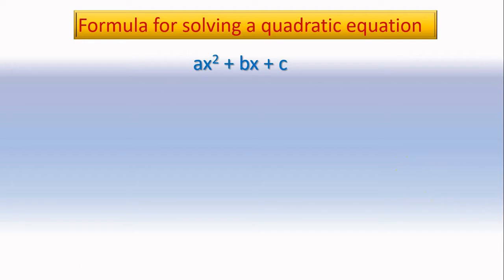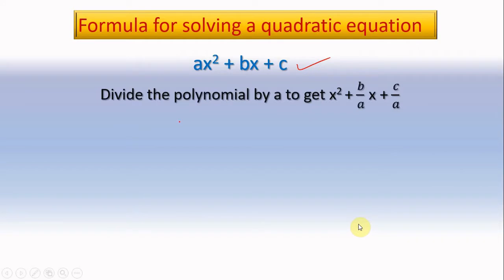You know that the general formula of a quadratic equation, or standard format, is ax square plus bx plus c. This is known to you. Now, we also know that if we wish to remove that coefficient a from x square in order to make it easy for us to use the square method, we just divide the whole equation by a and convert that into this format: x square plus b upon a x plus c upon a.